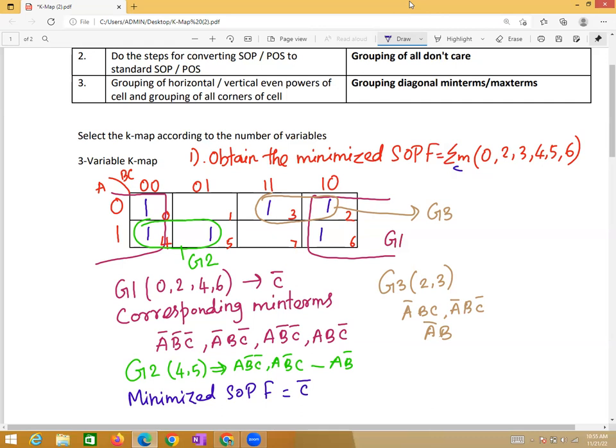C bar plus A, B bar plus A bar, B. So this is the minimized expression for the given summation of m(0, 2, 3, 4, 5, 6). Thank you.